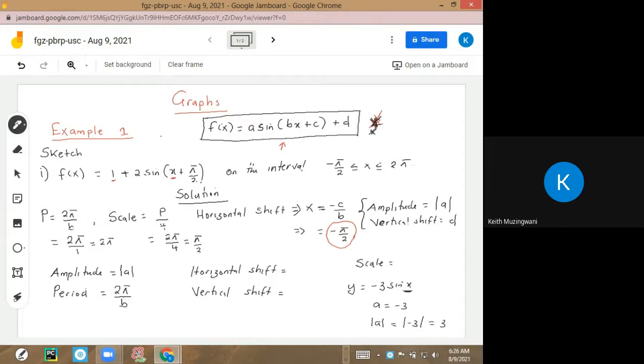Horizontal shift: you get the inside of sine, the angle. You get the bx plus c, equate it to 0, and solve for x, so you would get negative c over b. That's why we say that the horizontal shift will always be negative c over b. So in this question, the angle is just x, so when you equate it to 0, the horizontal shift is equal to 0.